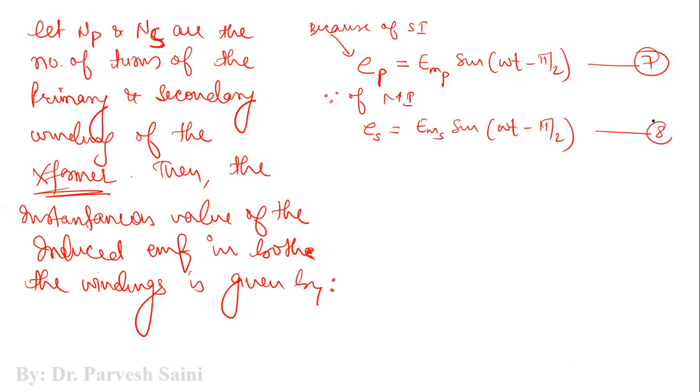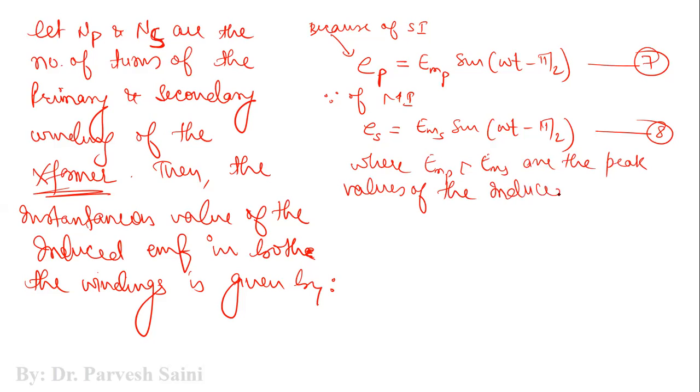So this is, let us say, equation number 8, where EMP and EMS are the peak values of the induced EMFs in the primary winding and secondary winding of the transformer, right?